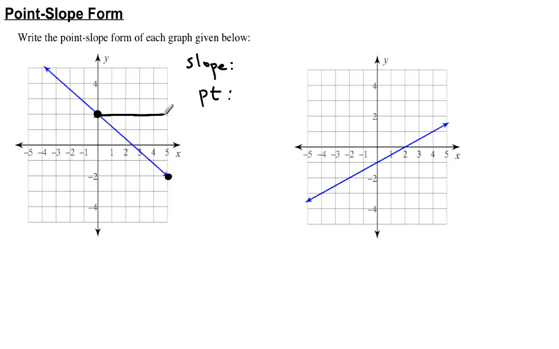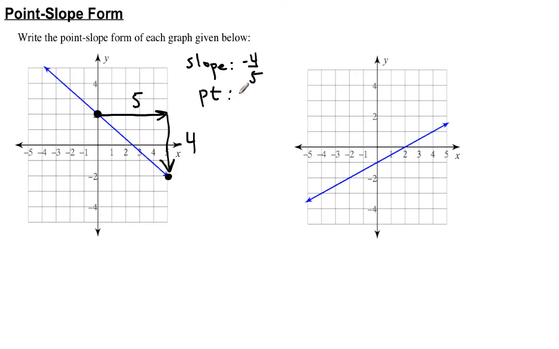Okay, so I'm going to go this way, and then I'm going to go down. Okay, and how many do we go? We're going positive and to the right, so 1, 2, 3, 4, 5 to the right, and we're going down 1, 2, 3, 4, down 4. So our slope is -4/5.